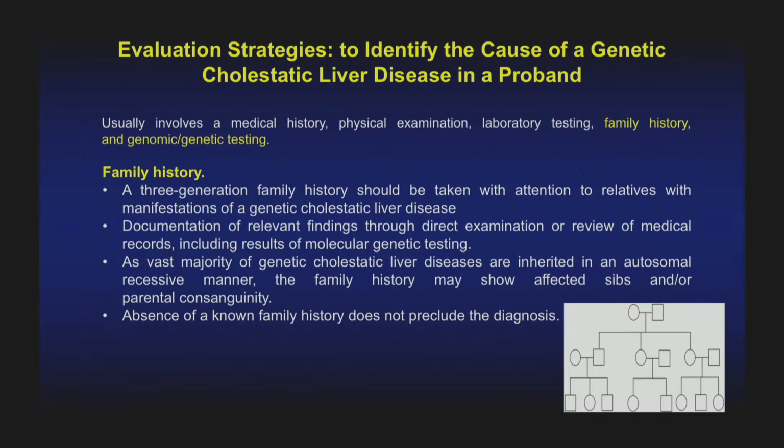This is basically to understand what type of inheritance pattern is probably seen in the proband. Basically, two types: autosomal dominant, autosomal recessive. Based on the pedigree that you collect, you can estimate, and once the genetic test is returned, depending on the result, you can estimate the risk in the future generation. So it's absolutely required that you take a 3-generation pedigree.